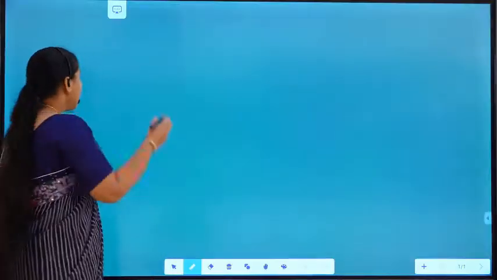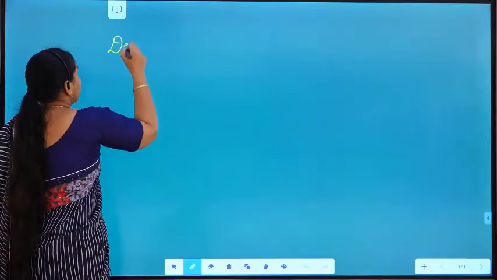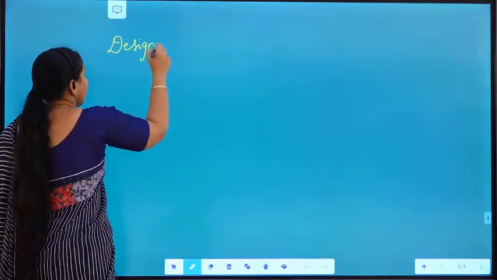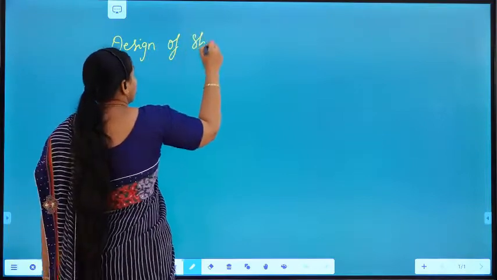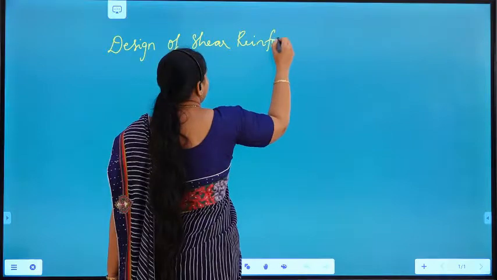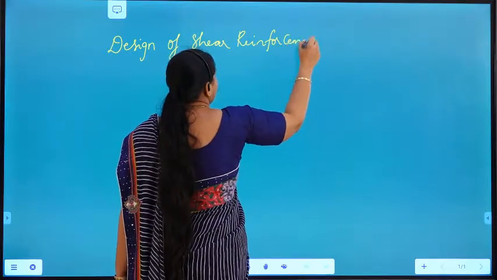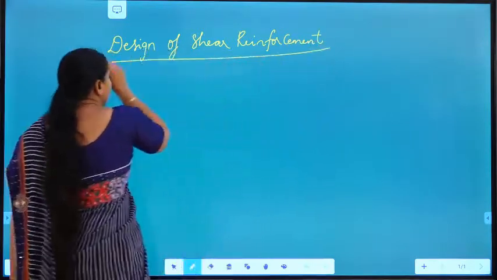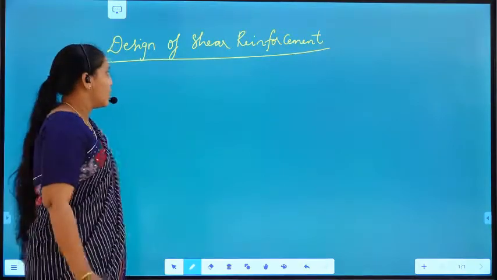Now for the design of shear reinforcement, let us see what steps we have to follow.